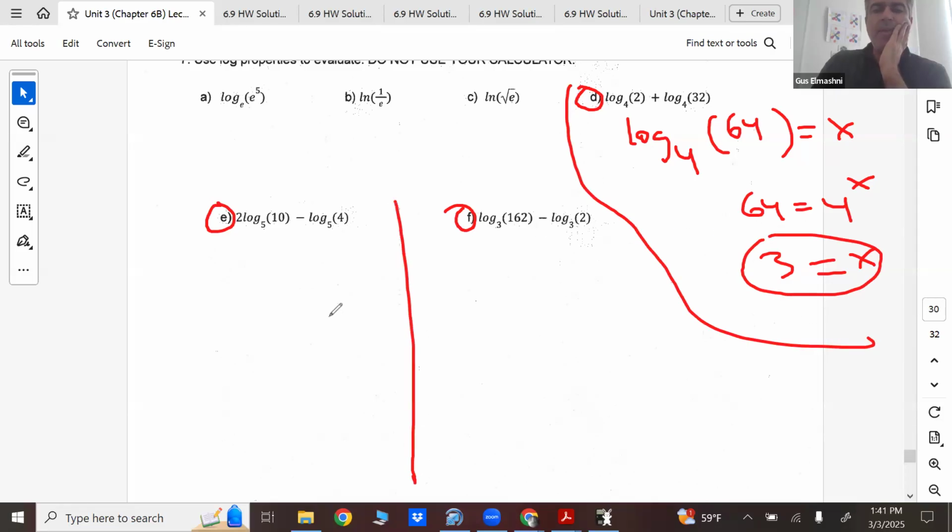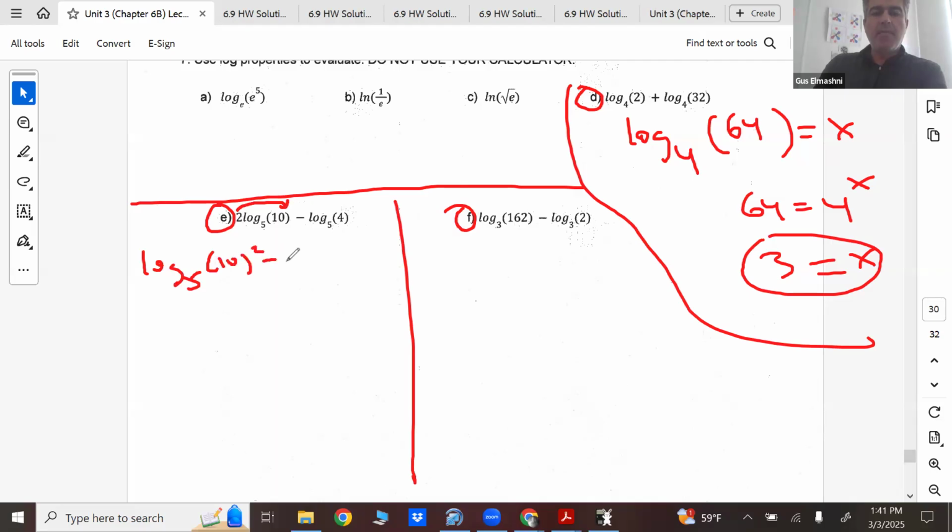Okay, let's look at the other two. Do you see that 2 there? Where should that 2 go? Move it to the back. So you have log base 5 of 10 squared minus log base 5 of 4. What's 10 squared? Good. Okay, what can I do next?